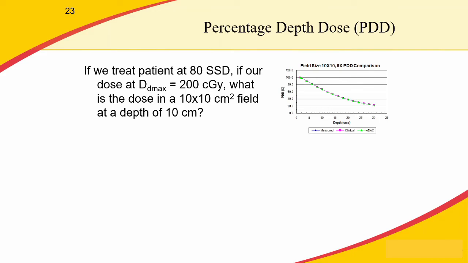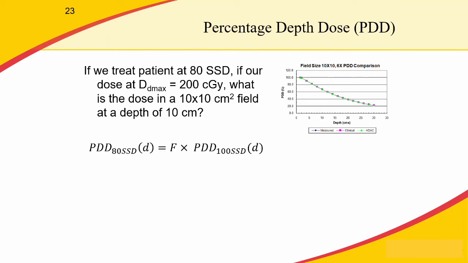So let's try to put our Maynard F factor and our PDD concepts together here. So let's say we have our patient set up at 80 centimeters SSD, and if our dose at Dmax, our calibration depth, is 200 centigray, what is the dose for a 10 by 10 cm field at a depth of 10 cm?